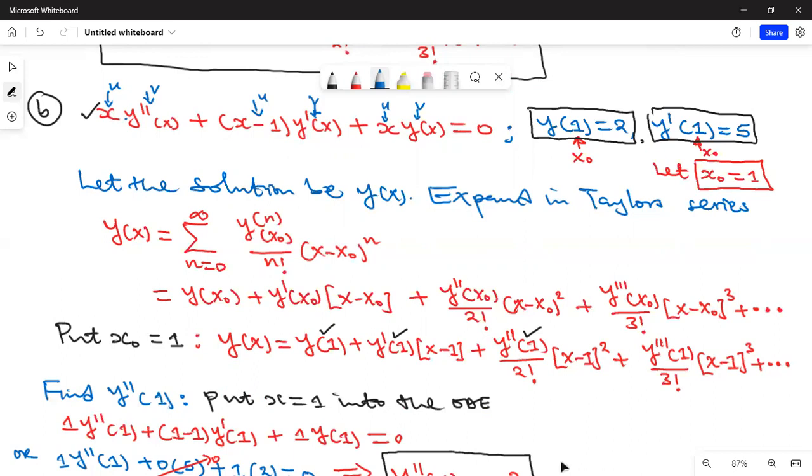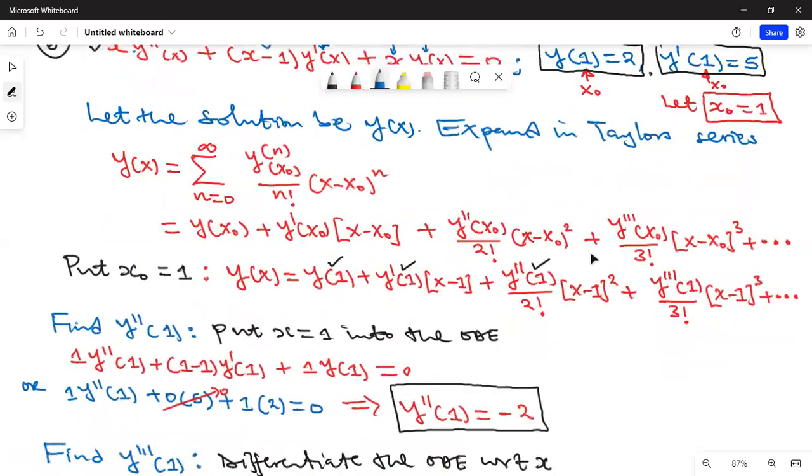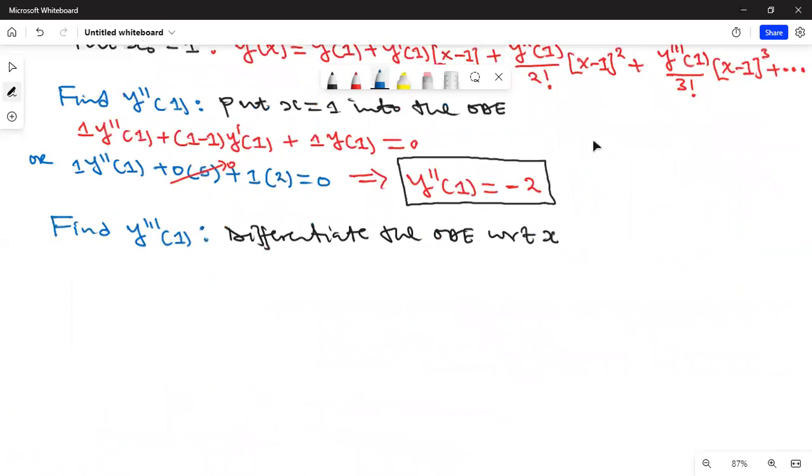We start with the first term, u prime v. You remember u is x and v is y double prime. So u prime will give us 1 times y double prime of x, plus now u v prime. v prime is y third prime of x. That's the first term.